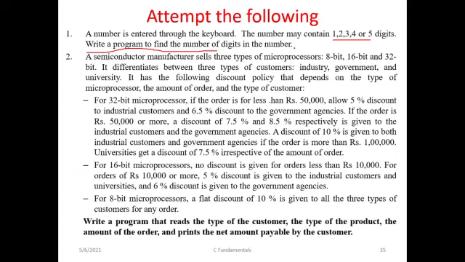So how to get the number of digits? Suppose you have a number like this, 97862. This is a 5-digit number. It may be a 5-digit number, a 4-digit number or a 3-digit number.